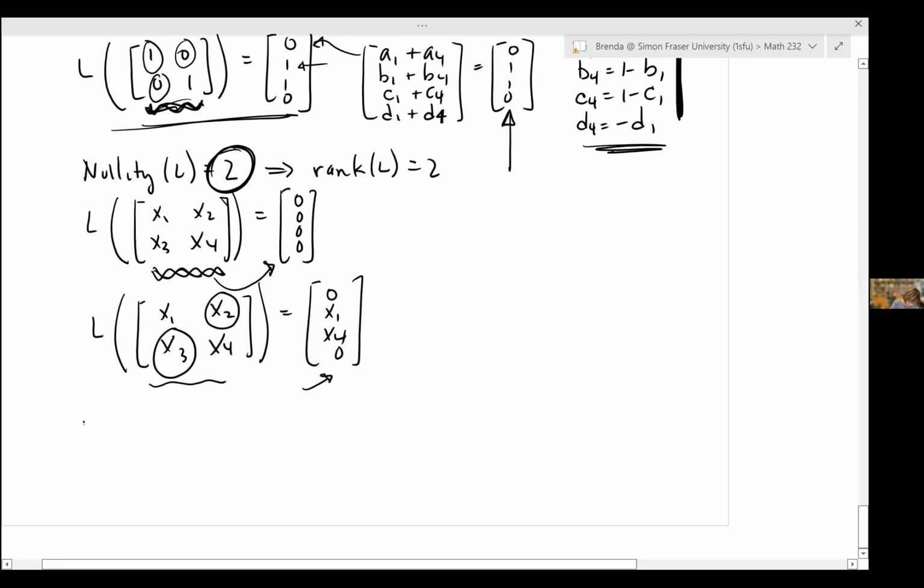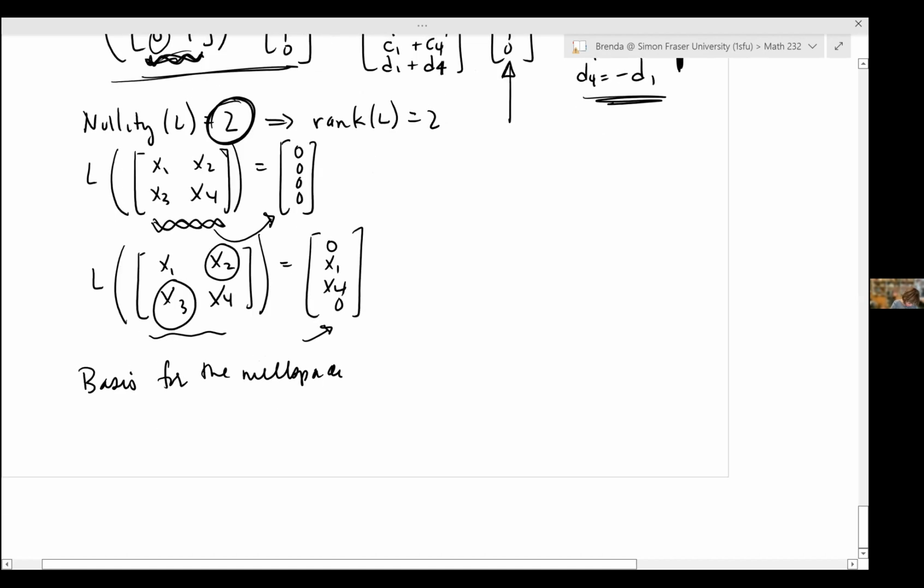Okay, so what is the basis for the null space? We know it's of dimension 2. It looks like this: all linear combinations of these 2 linearly independent vectors. And that is of dimension 2, because x2 doesn't matter.